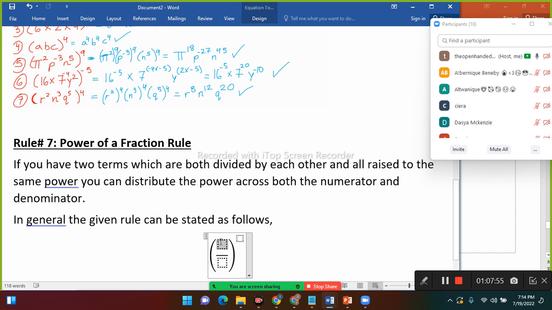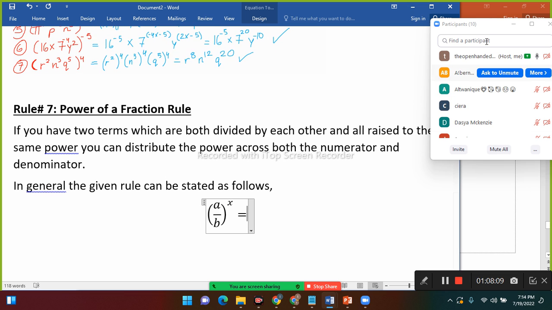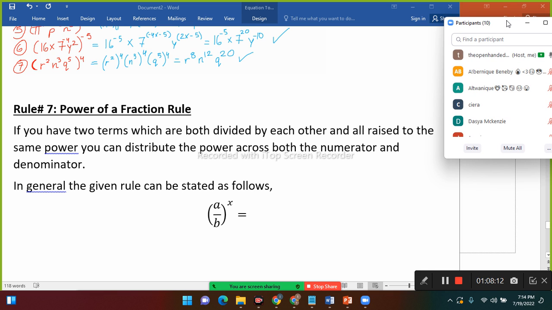Let's say we have a over b all raised to, say, x, is going to be equal to, anyone want to guess? Remember we said we can distribute the power across. What do you think?